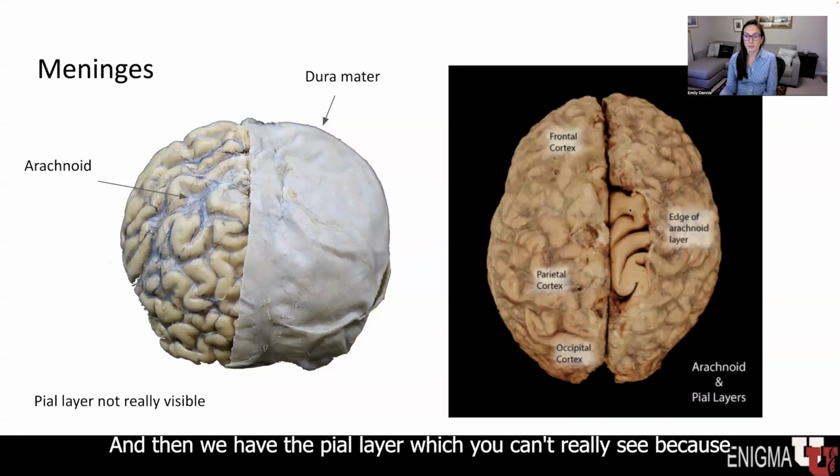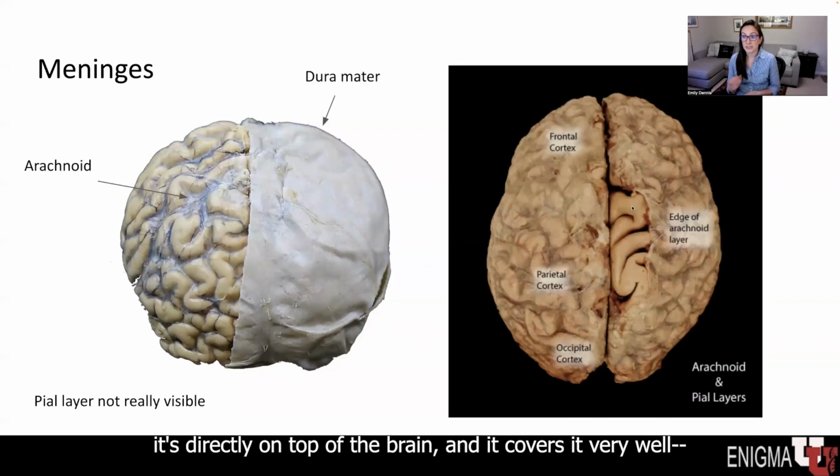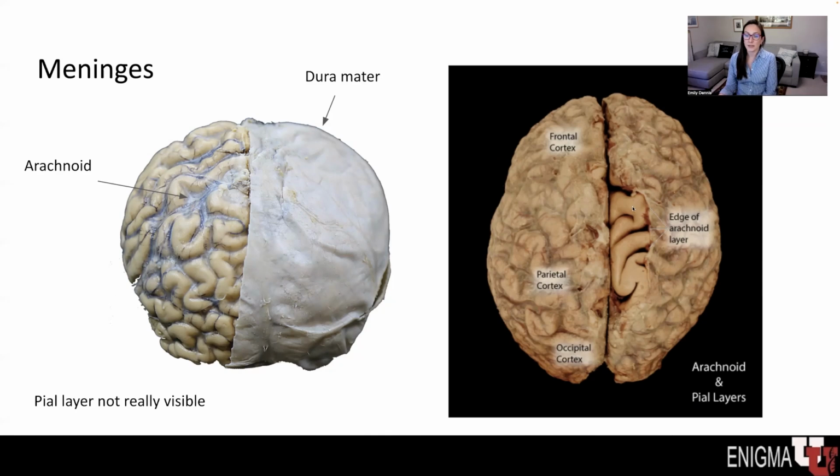And then we have the pial layer, which you can't really see because it is directly on top of the brain and it covers it very well, but it would be under. You can see all of these blood vessels running through the arachnoid layer. So these are important for support and for protection.